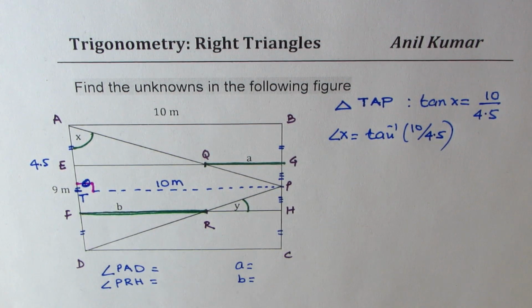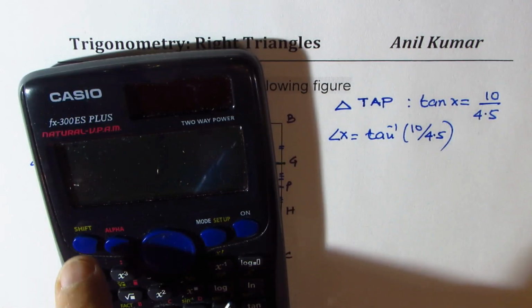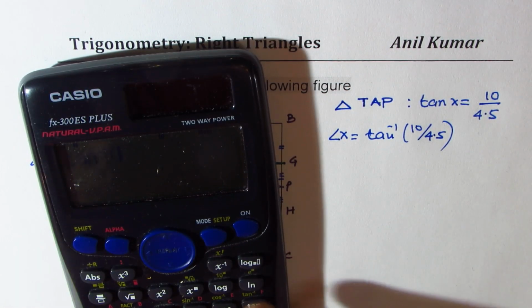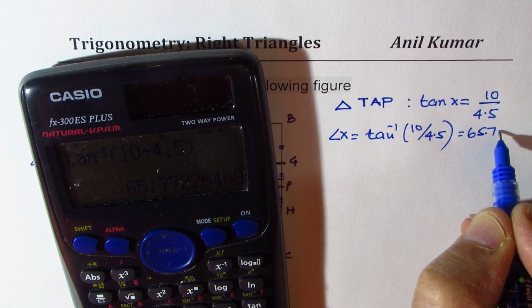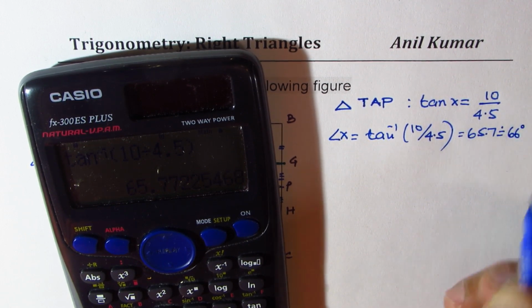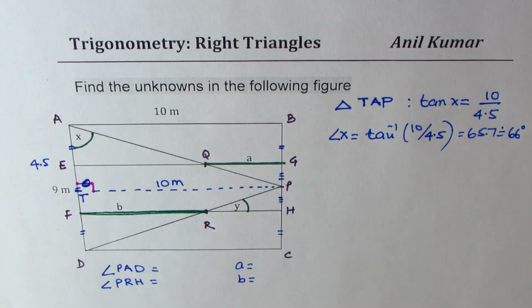Correct? So let's use the calculator. Shift tan inverse of 10 divided by 4.5 gives us 65.7. So we can round this to 66 degrees. So that is the angle X.